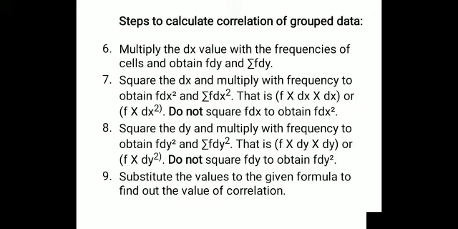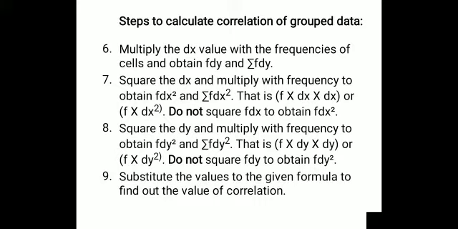So f dx square refers to f into dx into dx, or we can calculate it the other way, that is f into dx square. Dx square we have already calculated, so we can multiply frequency into dx square, and we should not square the whole f dx to obtain f dx square. The same step has to be applied to y values to obtain f dy square and sigma f dy square.